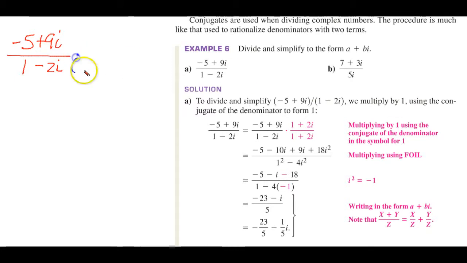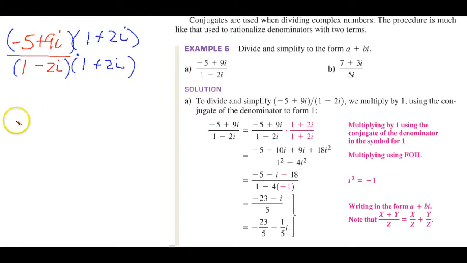Remember, we can multiply anything by a 1. And a 1 is anything divided by itself, so long as it's not a 0. So we're going to use this conjugate, 1 plus 2i, 1 plus 2i.